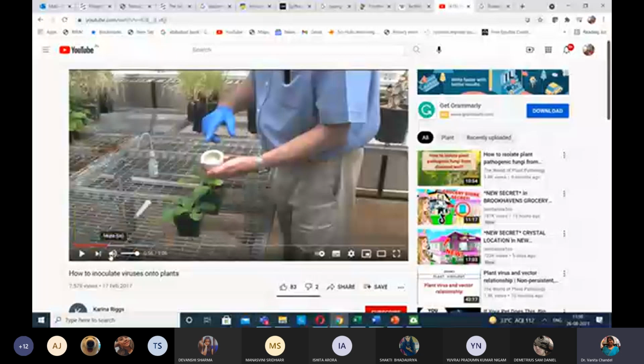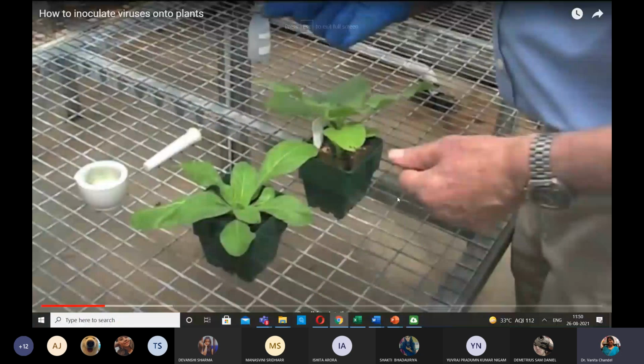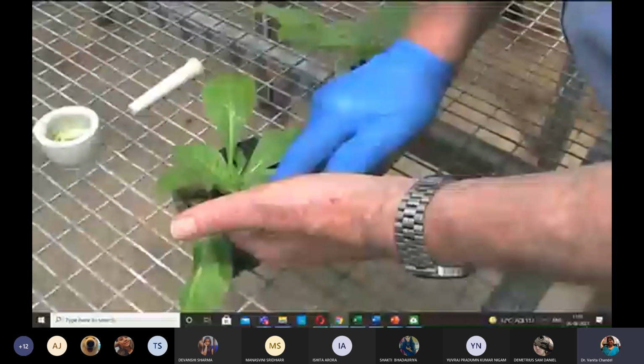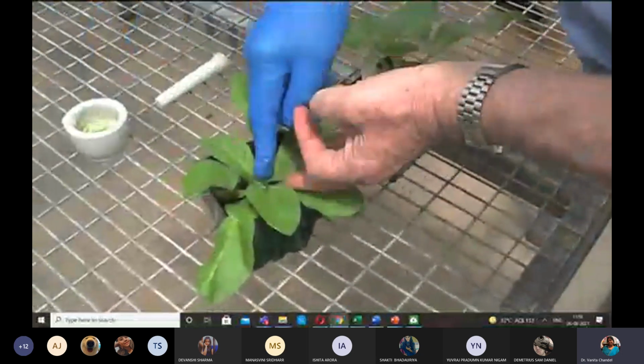And that's enough inoculum to apply to leaves. Then we simply wipe the leaves 3 to 4 times with the inoculum. We inoculate up to 3 leaves, which are expanded.